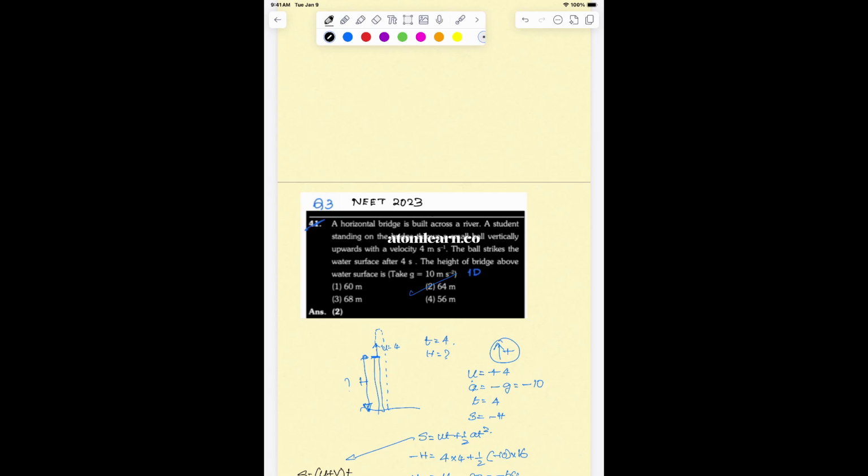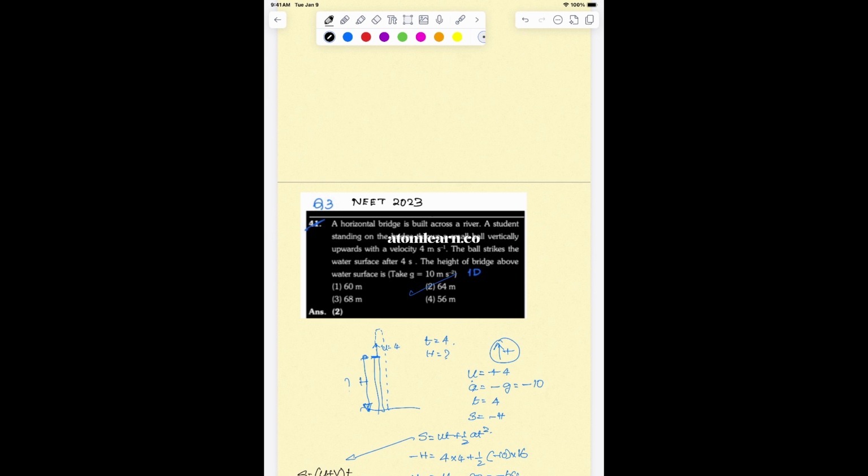Therefore, 4 seconds total time gives a reduction of 40. The initial velocity is 4, which is reduced by 40, which means the final velocity is minus 36. Then I can do this mentally. Therefore v equal to minus 36. Minus means downward direction when it reaches the water surface at the bottom.